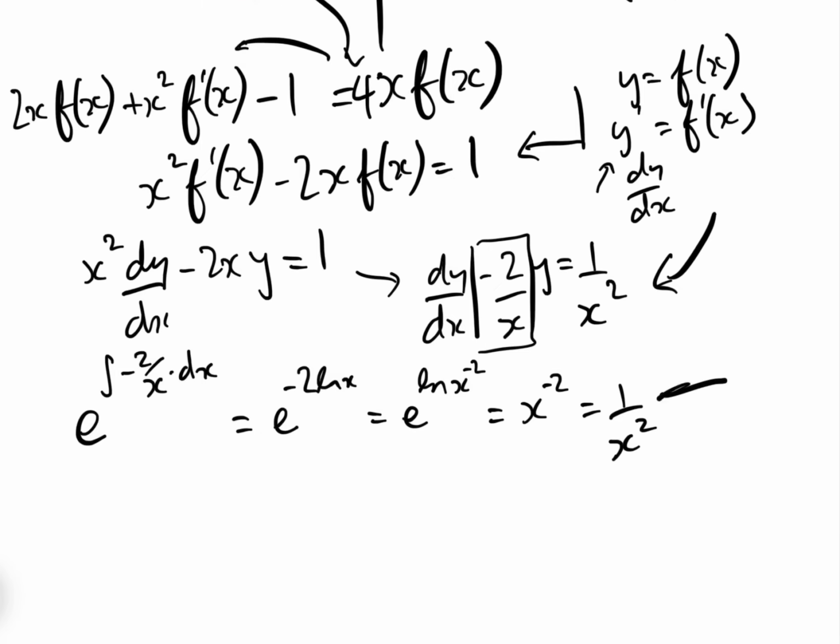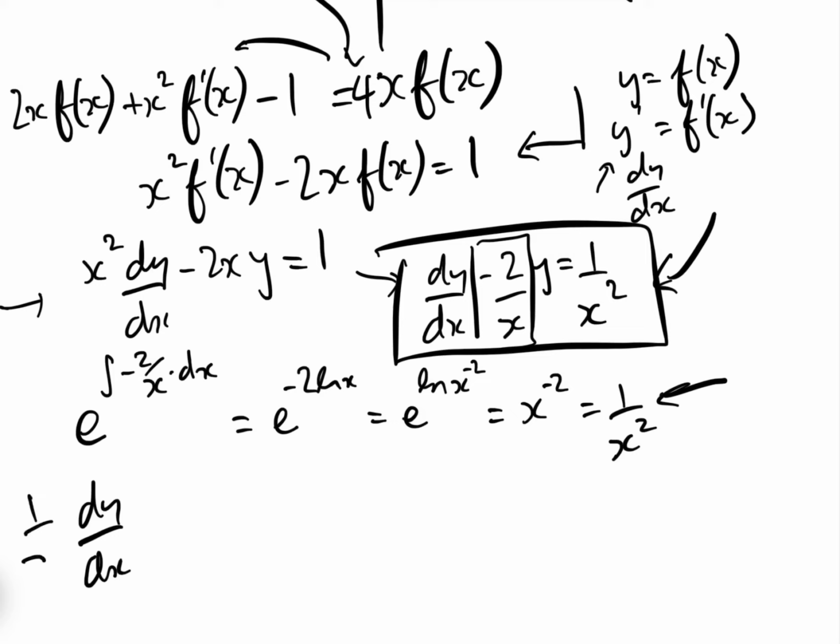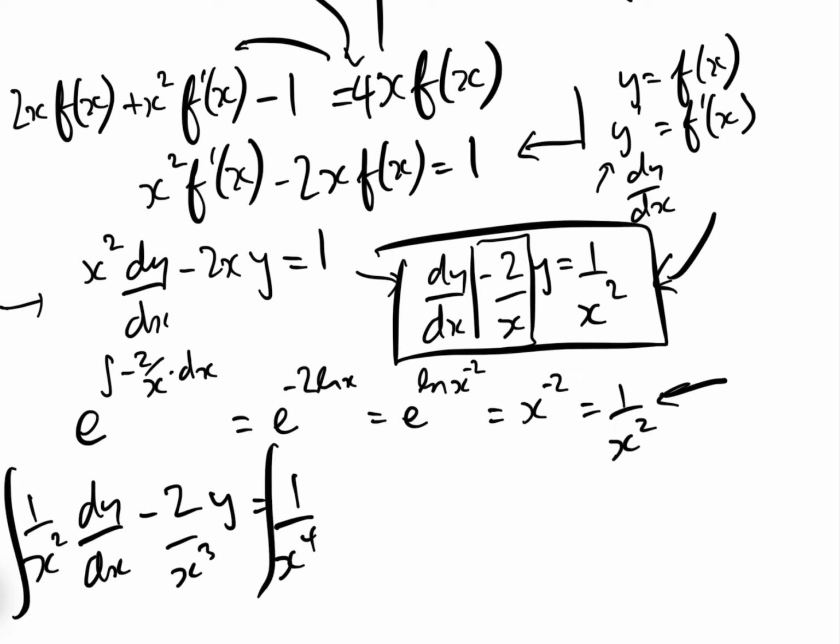And so now we can put this in, which gives us 1 over x squared dy/dx minus 2 over x cubed y equals 1 over x to the 4, and then integrating both sides with respect to x.